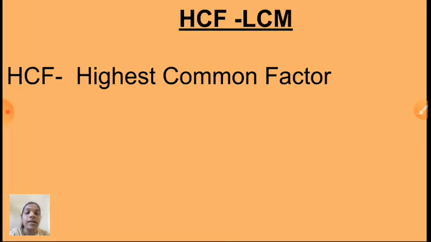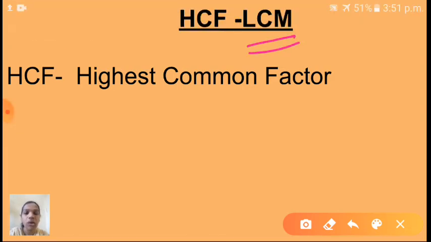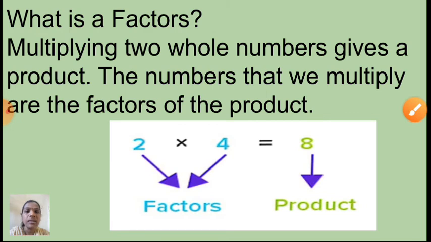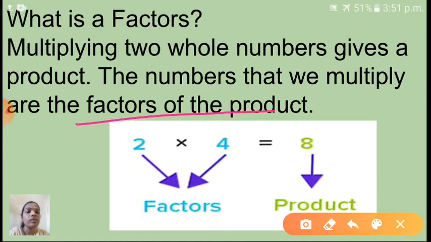Next one is, next chapter is highest common factor. So children, see here, LCM I didn't teach, only HCF, that means highest common factor only I had taught, isn't it? So what is meant by factors? You know that very well, multiplying two whole numbers gives a product. The numbers that we multiply are the factors of the product.